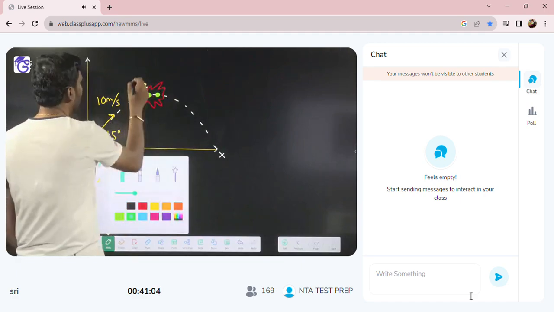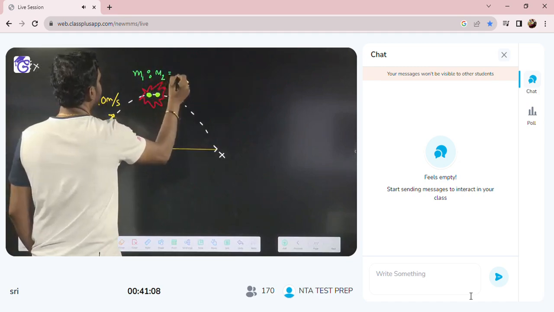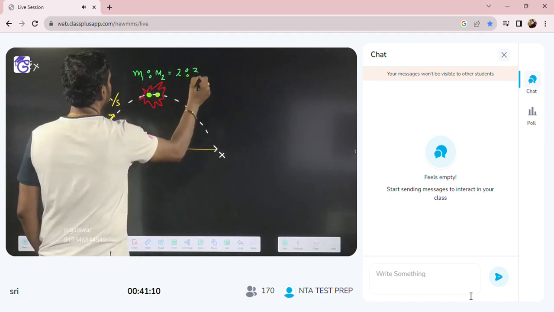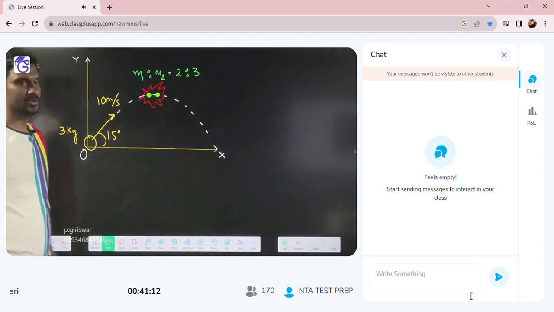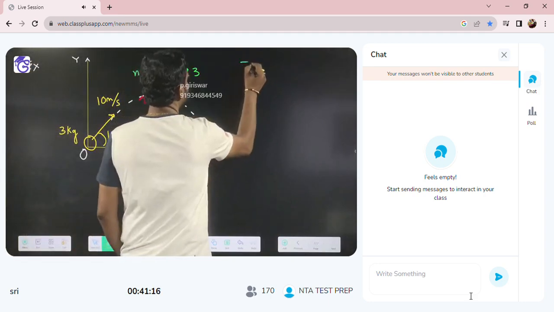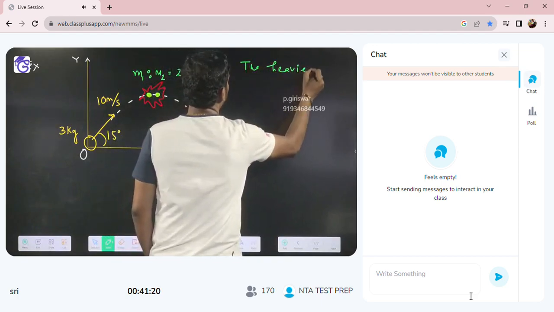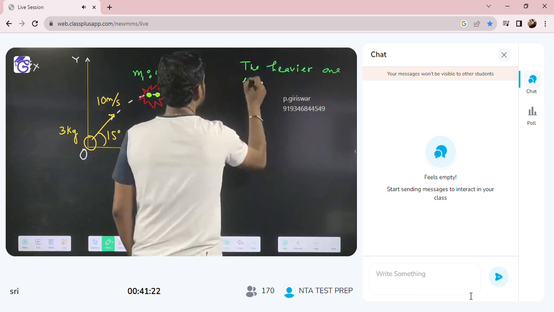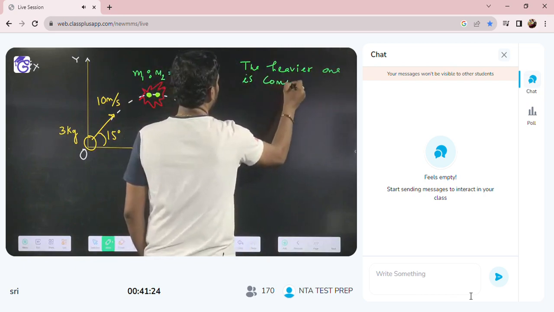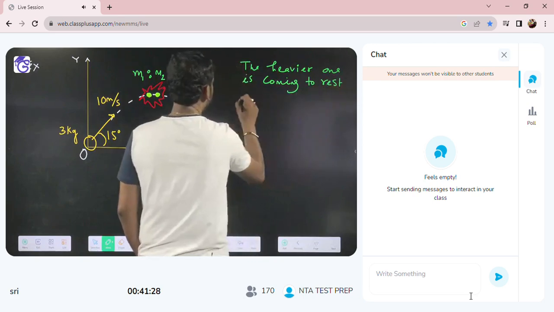For these two parts, they have said M1 is to M2 is equal to 2 is to 3. They have also said the heavier one is coming to rest immediately.